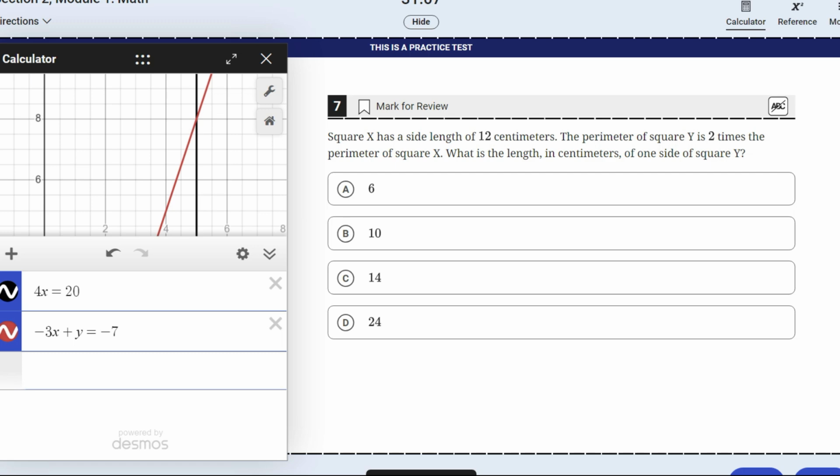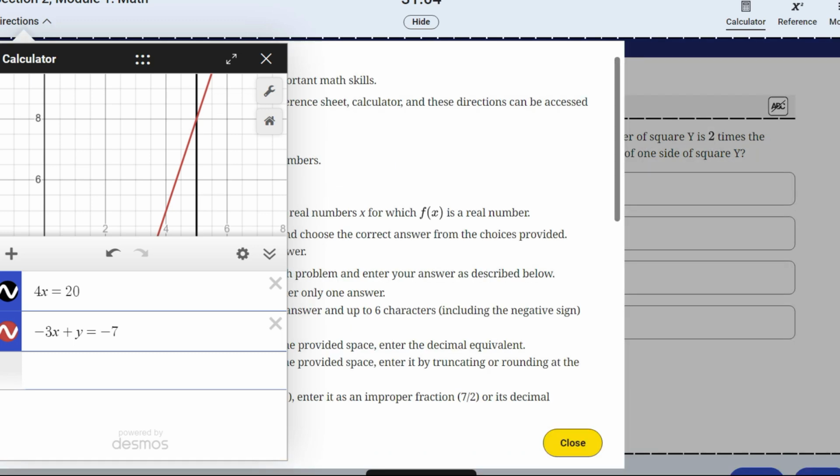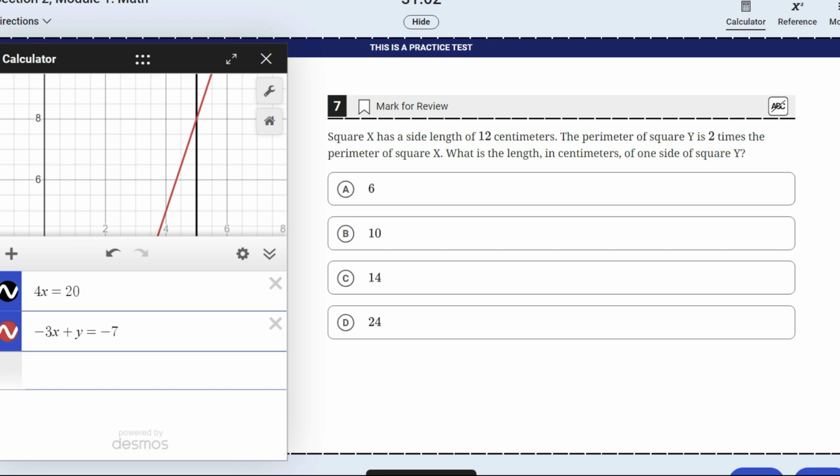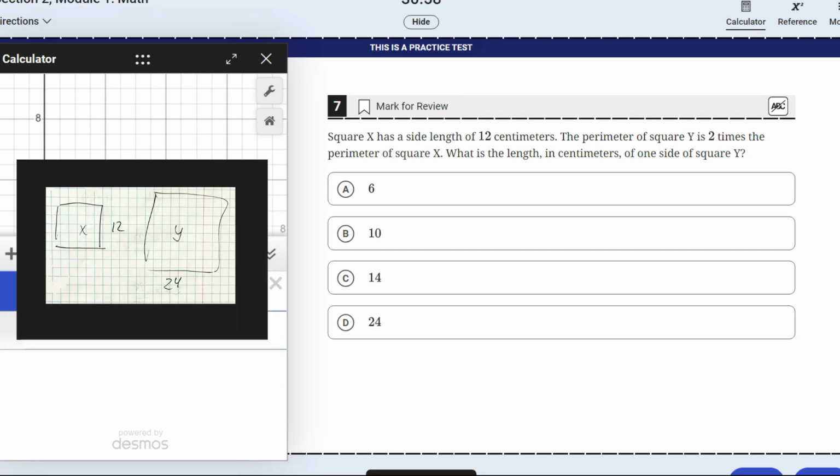Okay, so the perimeter of square Y is 2 times the perimeter of square X. For this, I'll do a little sketch just to see what's going on. And then we have to find the length in centimeters of this side of the square.